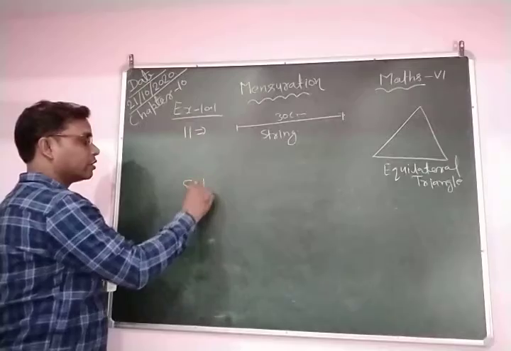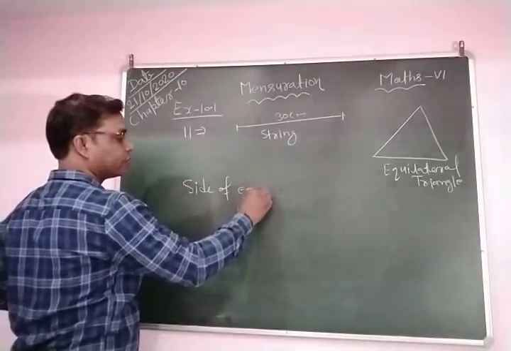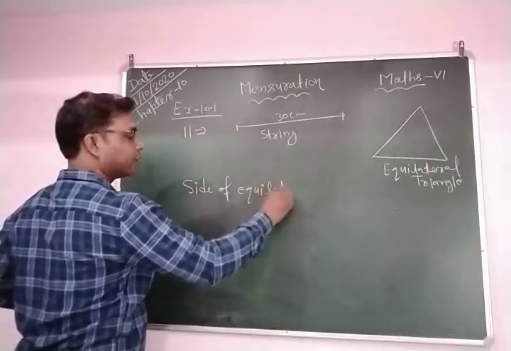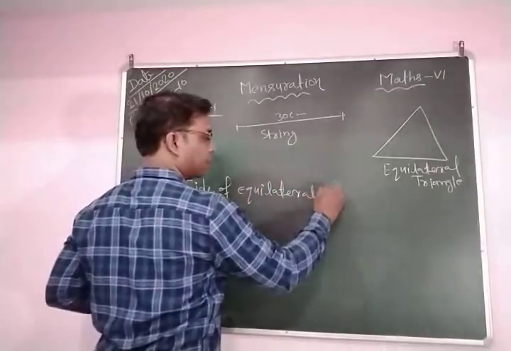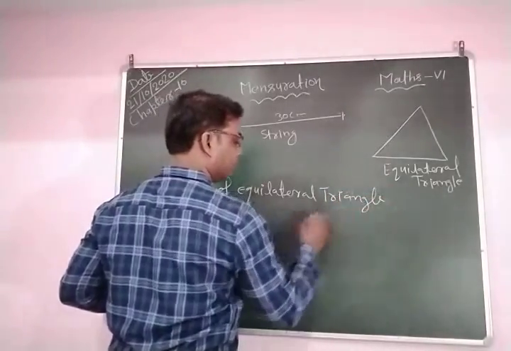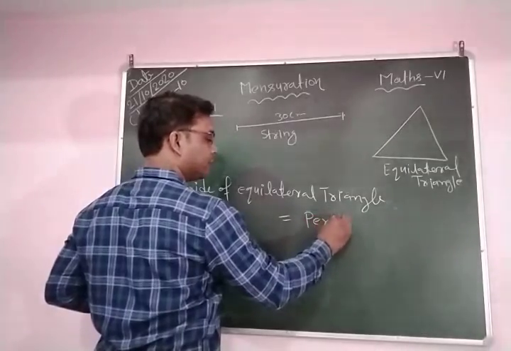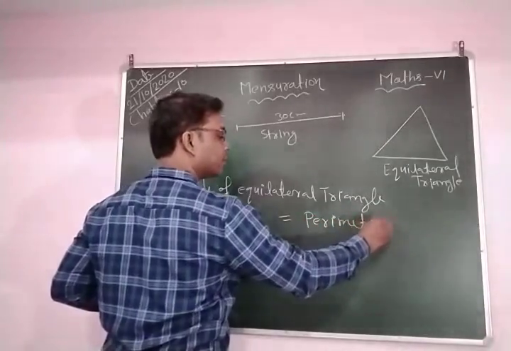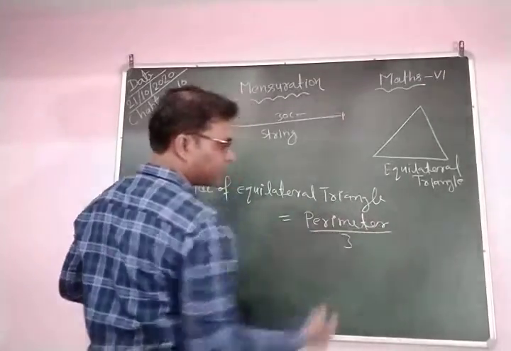So you can write here a side of equilateral triangle is equal to perimeter by 3, perimeter of equilateral triangle.